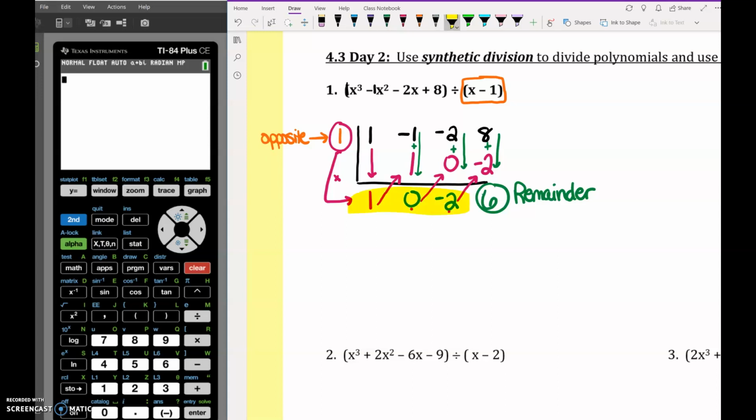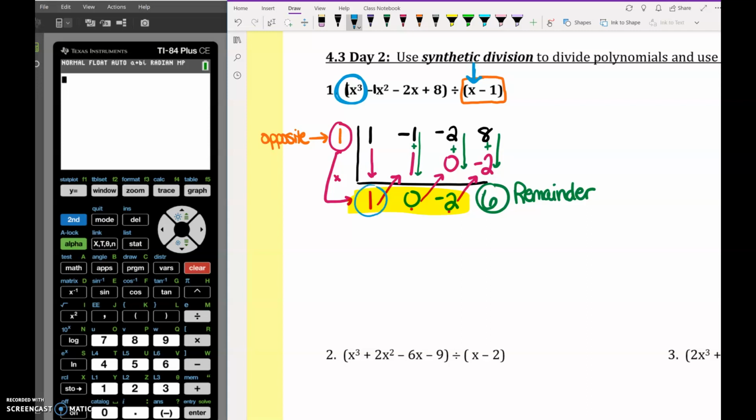This stuff, the 1, 0, and negative 2, is going to become your answer. So we have to put the x's back in there. We started with x to the third. We divided by an x. What is x to the third divided by an x? X squared.